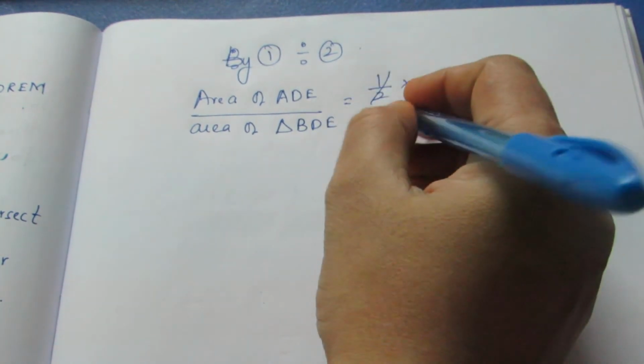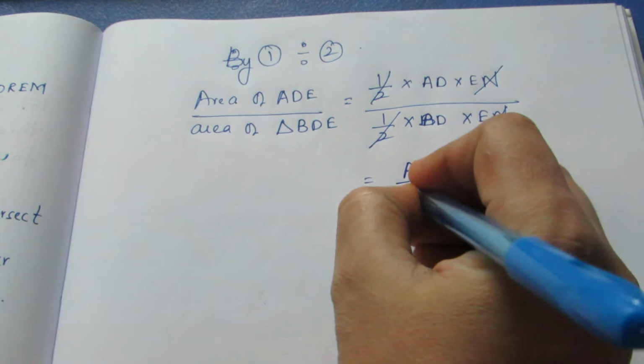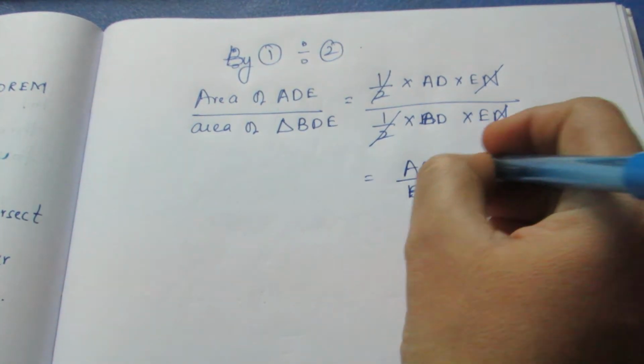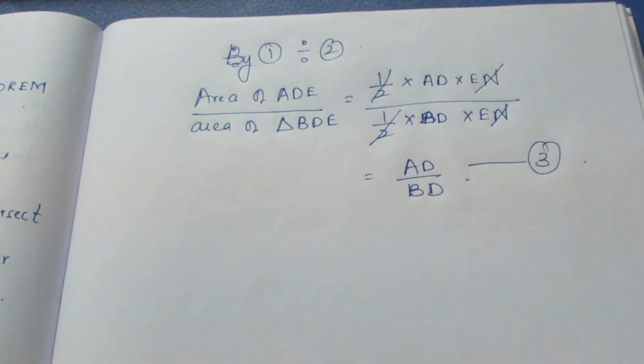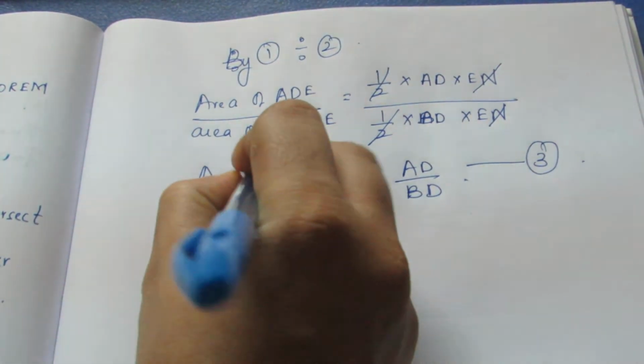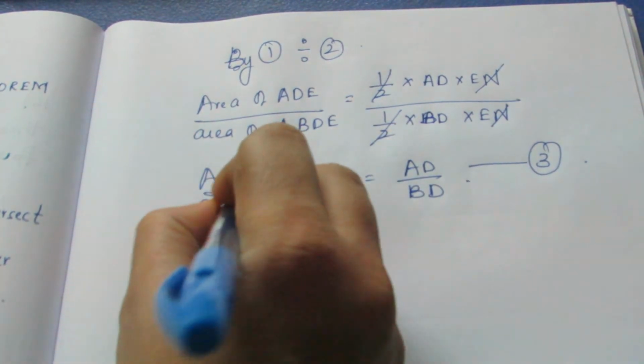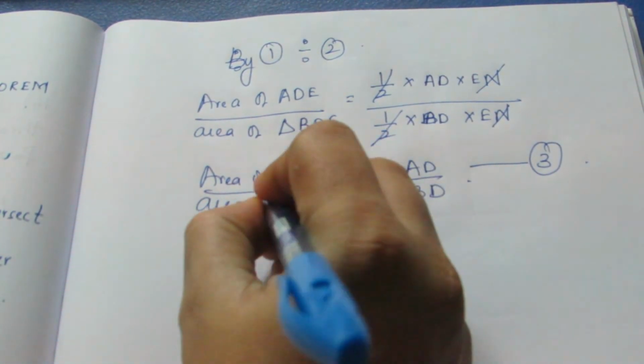Here half gets cancelled, EN gets cancelled, the rest is AD by BD. So I am taking this equation to be 3. Here it is the area of triangle ADE by area of triangle BDE.